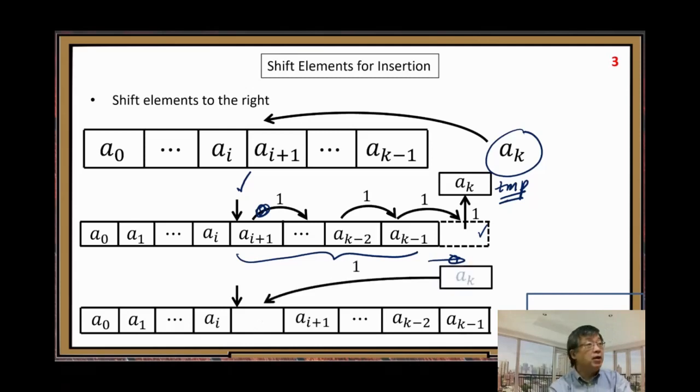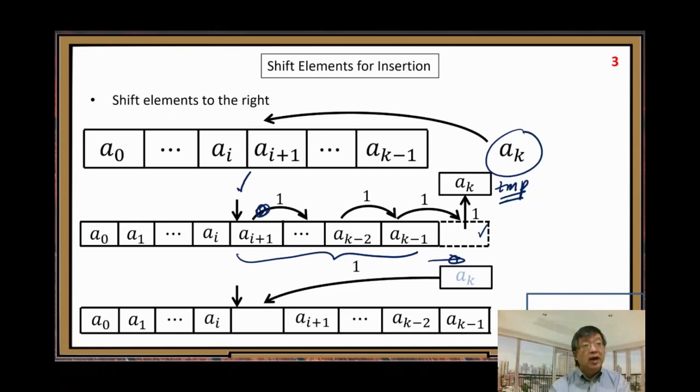So we copy that A sub k to this place. Then we complete the standard insertion operation. That's all we need to do for this standard insertion operation.